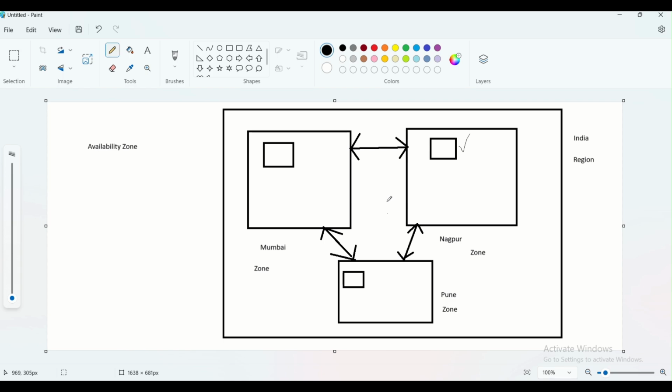This way we can prevent data center failures or regional failures. This is about availability zone. If we consider availability zone in India, it might be three zones nearby.